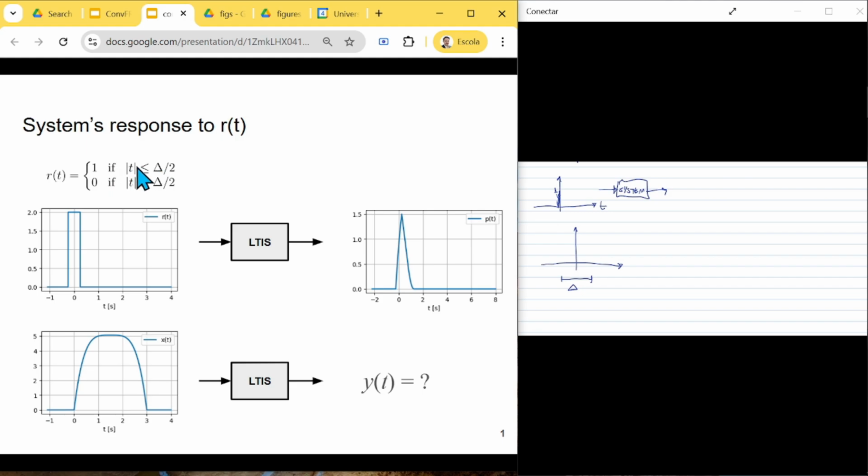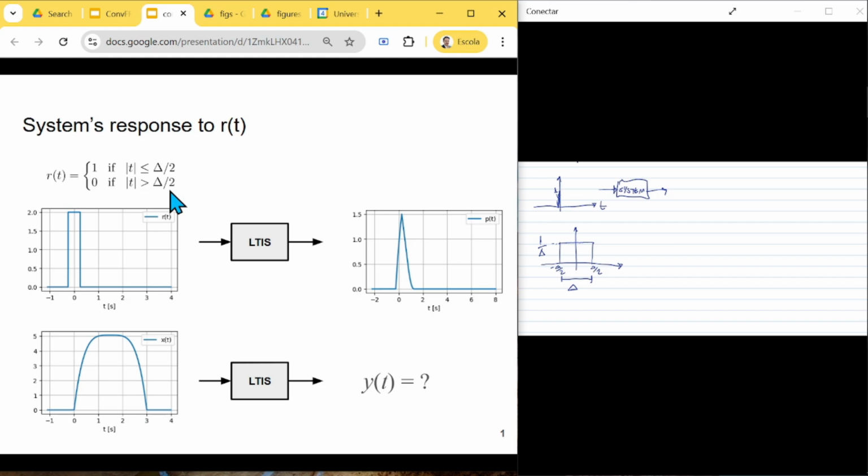So if the absolute value of t is within delta divided by 2, so here is delta divided by 2, minus delta divided by 2, then the amplitude is 1 over delta. Elsewhere, it's 0. What is interesting about this signal is that it has unit area, so it provides unit energy, unit momentum to the system.